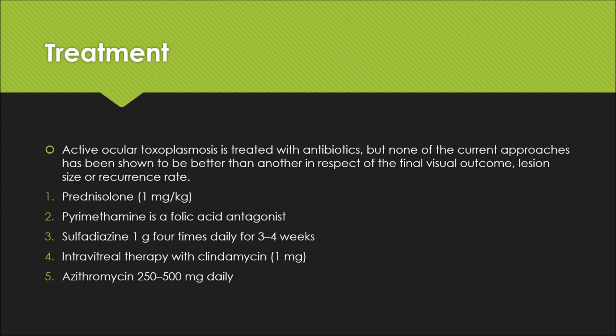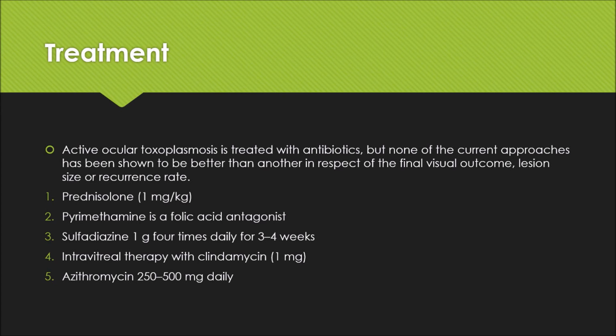Clindamycin 300 mg 4 times daily may be added to triple therapy or used instead of pyrimethamine. Pseudomembranous colitis is a potential adverse effect. Atovaquone theoretically attacks encysted bradyzoids but does not seem to prevent recurrence in vivo. Dosing is 750 mg 2 to 4 times daily.